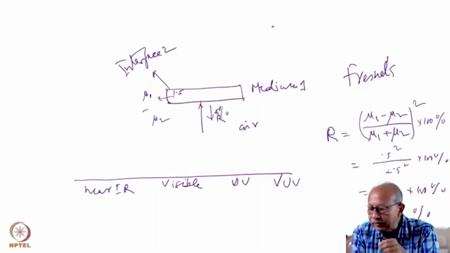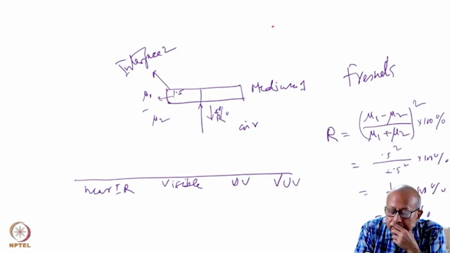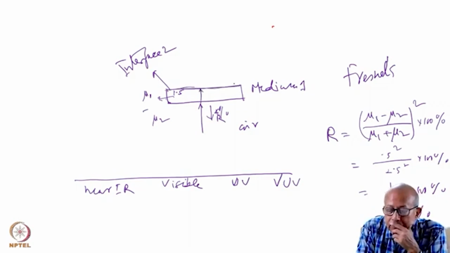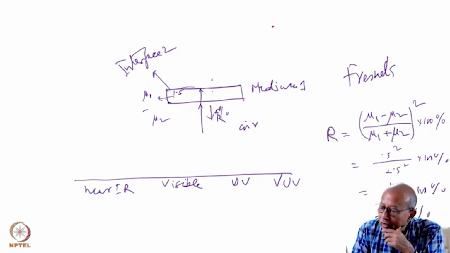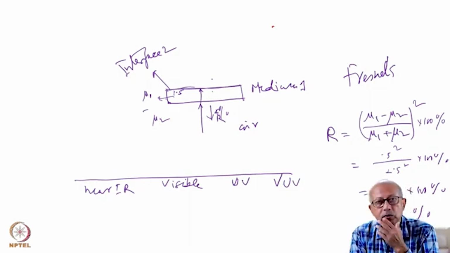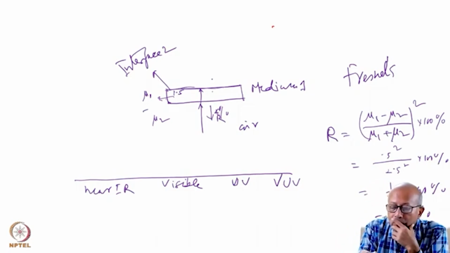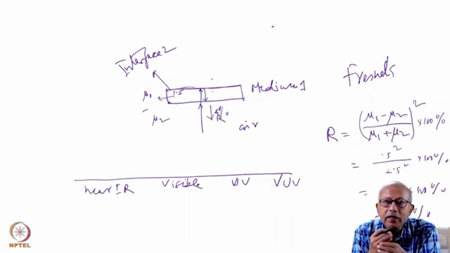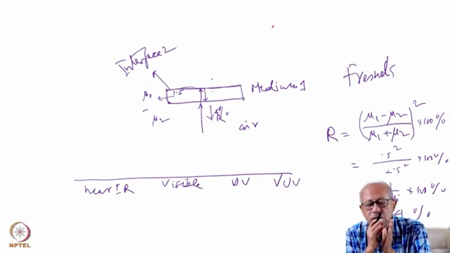So the remaining 96% gets to the second interface, which is again glass and air. So again the same formula will be applied, same mu1, mu2, and 4% of this 96% will again be reflected. And it will again strike this interface, and from here only a very tiny portion, 4% of this, will be too small.